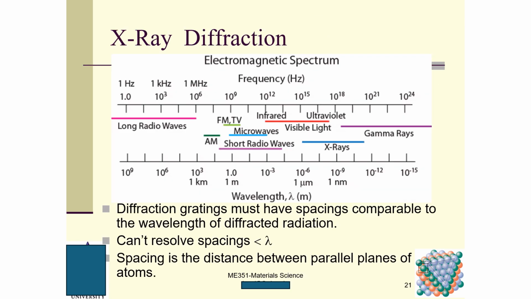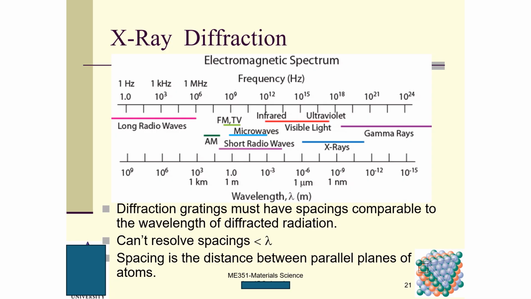And then we talk about X-ray diffraction. X-ray is a very important technique that you need to learn. So here, this is the electromagnetic spectrum, this is frequency in hertz, and these are the long radio waves. So this is FM, TV, infrared, ultraviolet.